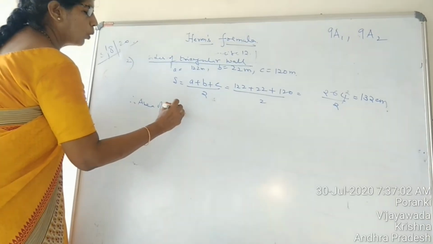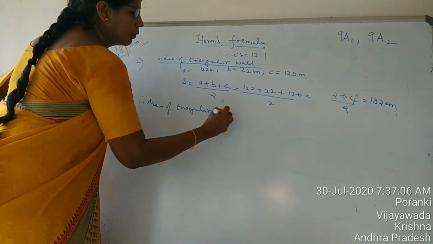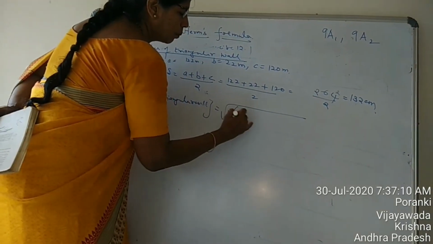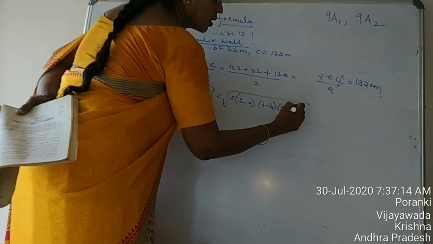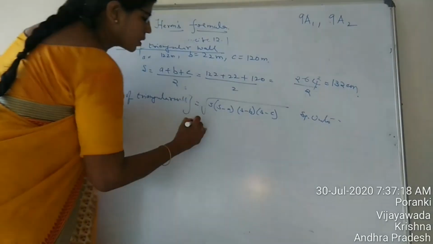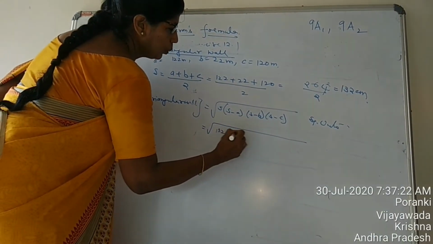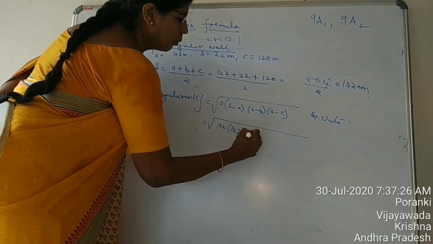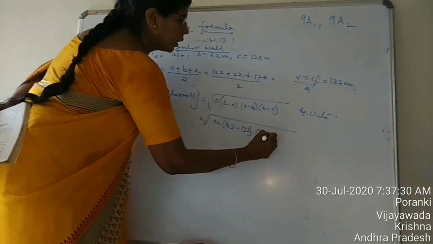Therefore, area of triangular wall, because you are given the sides, children, use Heron's formula: root of s into s minus a into s minus b into s minus c square units. What is s value, children? 132. First bracket, s minus a, 132 minus 122.